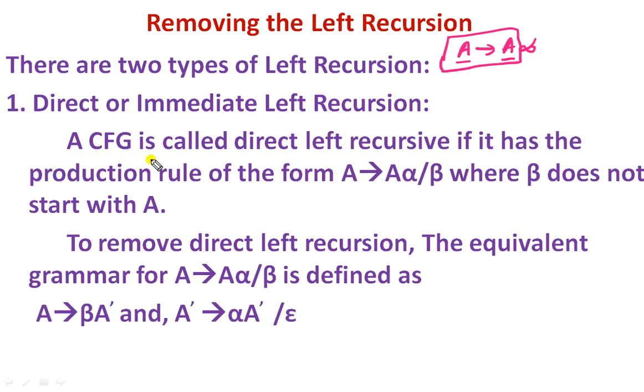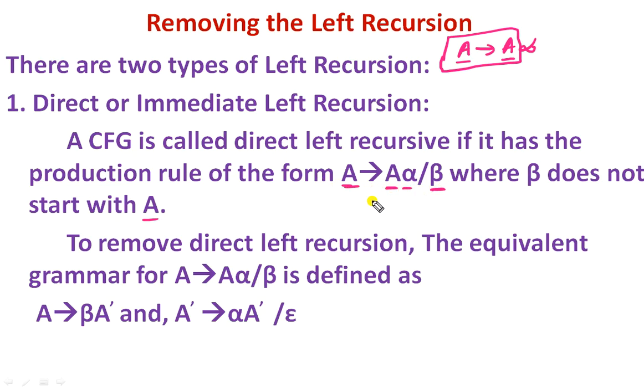A context-free grammar is called direct left recursive if it has a production rule of the form A generates A alpha or beta, where beta does not start with A. So what is the condition? Beta should not start with A, and there must be a production rule such as A generates A alpha or beta. Then we say that the particular context-free grammar is left recursive.